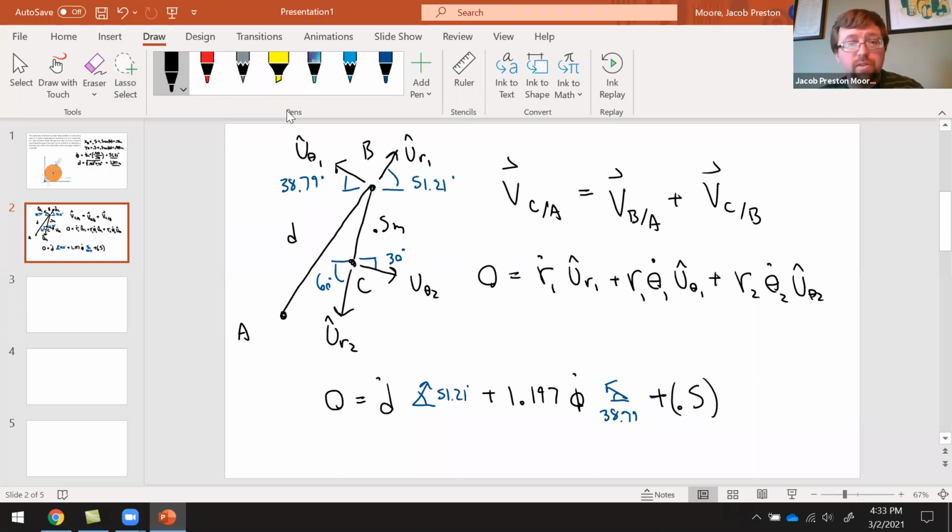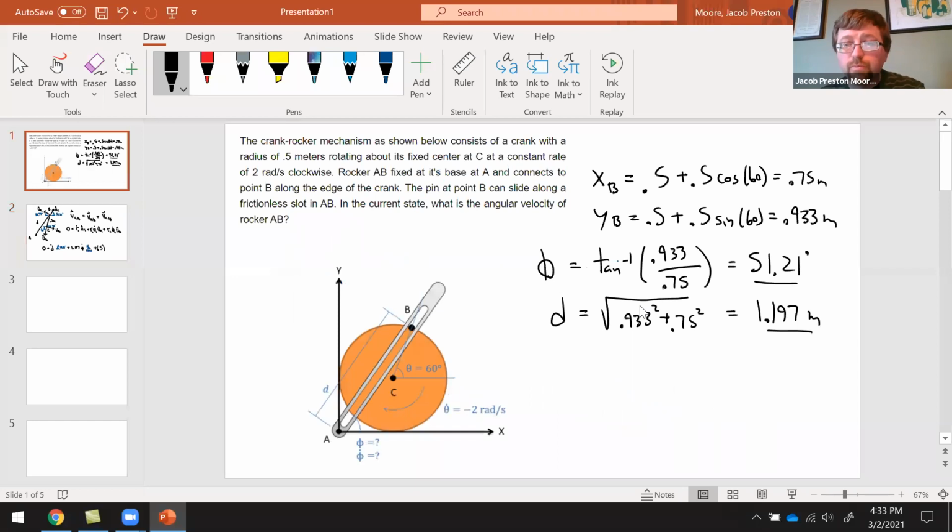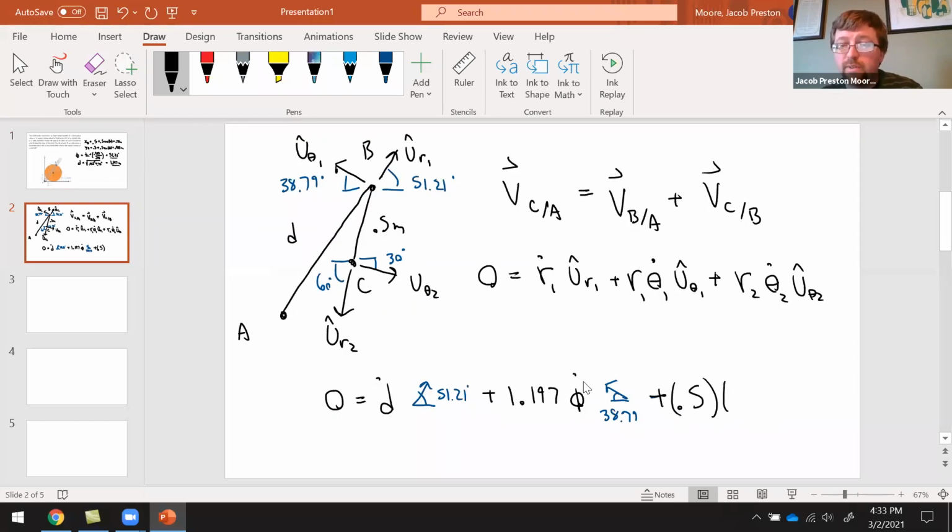This was rotating at a rate of -2 radians per second, so 0.5 times -2. And the theta 2 direction is going down at a 30-degree angle. All right, so that is my base equation.